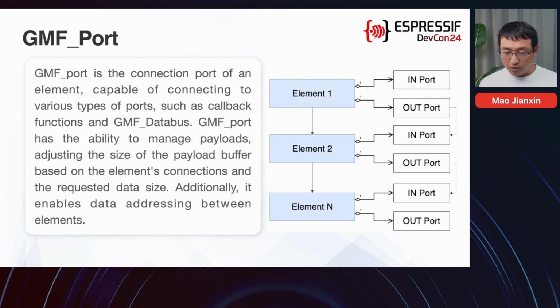GMF port has the ability to manage payloads, adjusting the size of the payload buffer based on the element's connection and required data size. Additionally, it enables data addressing between elements.